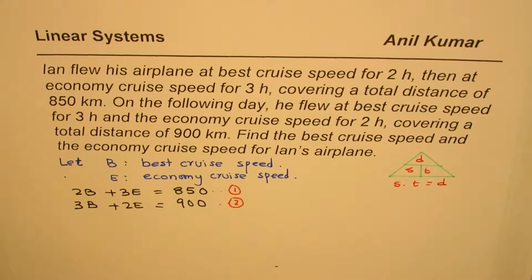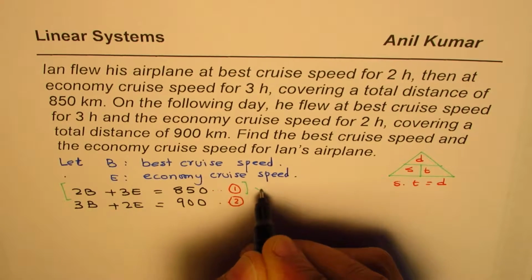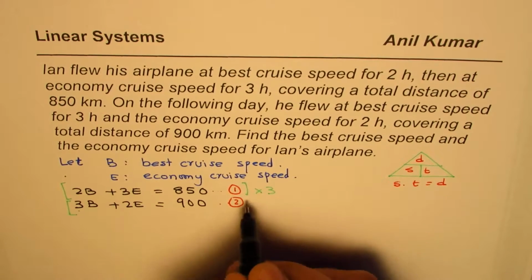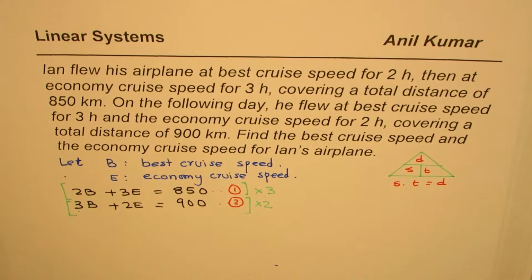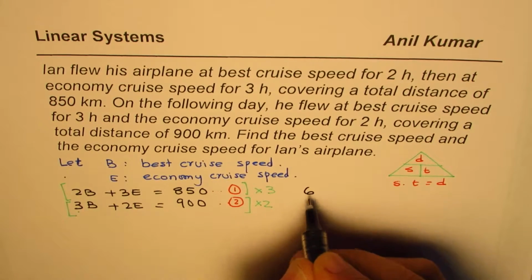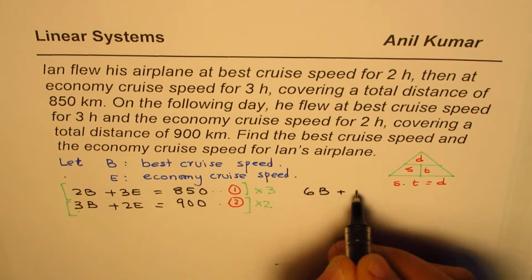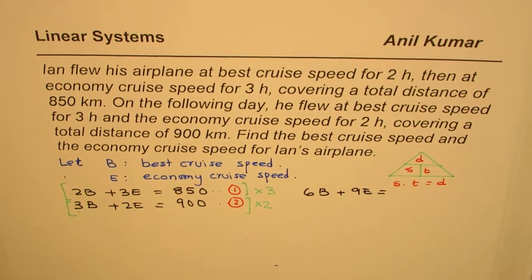So in that case, what are we doing? This equation, we are multiplying by 3. This equation, we'll multiply by 2, to get two new equations. Let's rewrite. So 3 times 2 is 6B, 3 times 3 is 9E, equals 3 times 850, right?